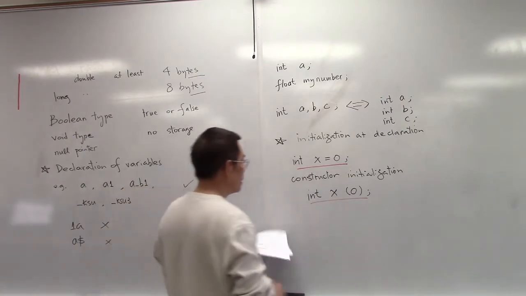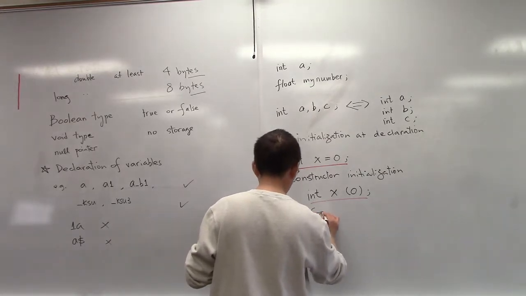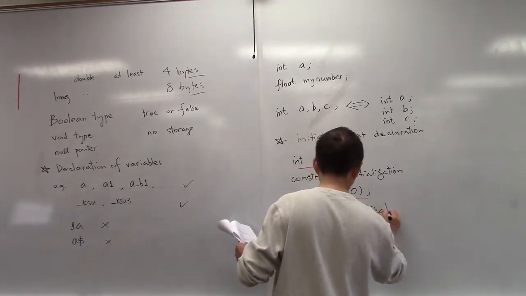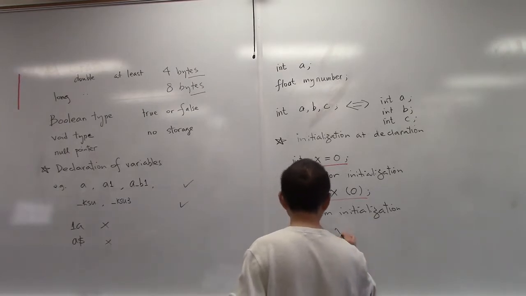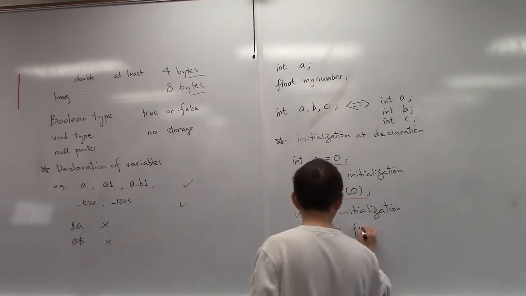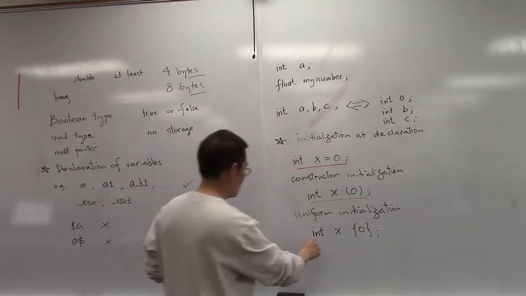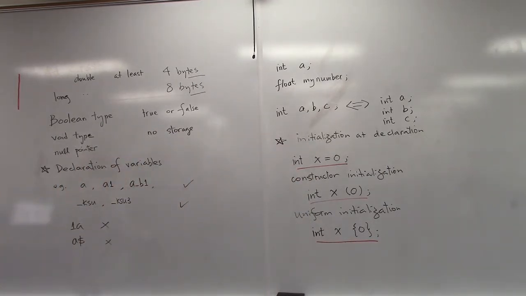And then there's also a uniform initialization, in which you declare a variable and put the value in a pair of curly brackets. That's also allowed.